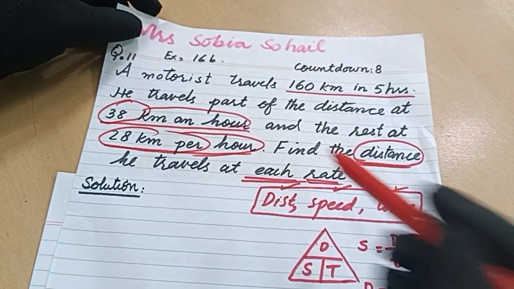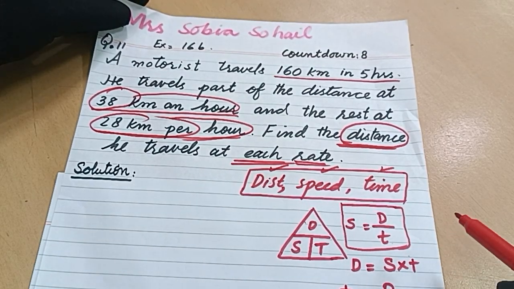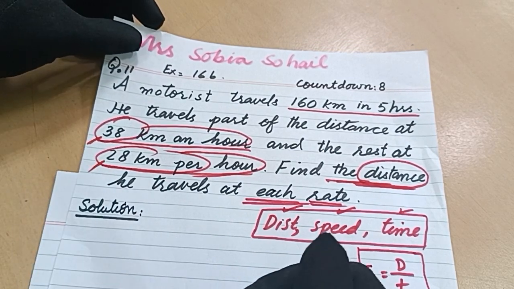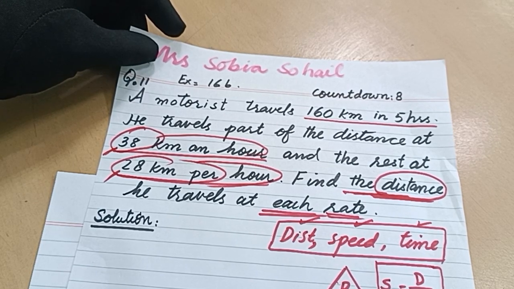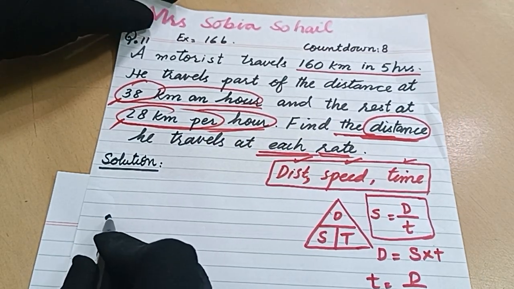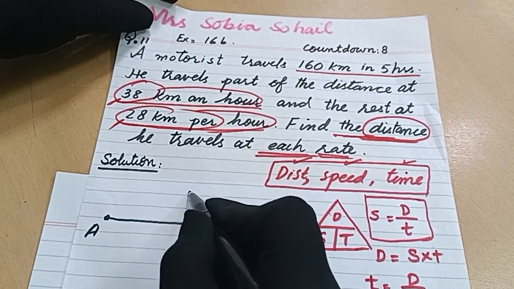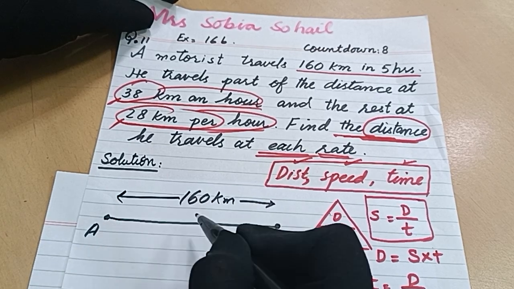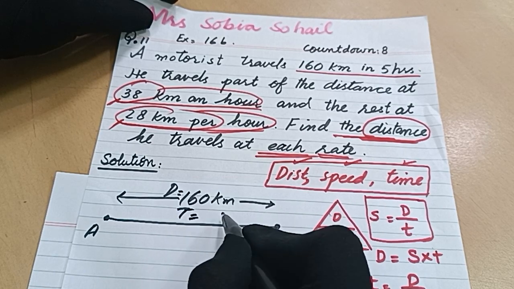Speed is a rate quantity in which you are discussing distance with respect to time. So you have to find the distance at this rate and at this rate. Let me explain what is actually happening. The motorist is going from this point, A, till here, suppose point B. Total distance is 160 kilometers, and total time taken for these 160 kilometers is 5 hours.